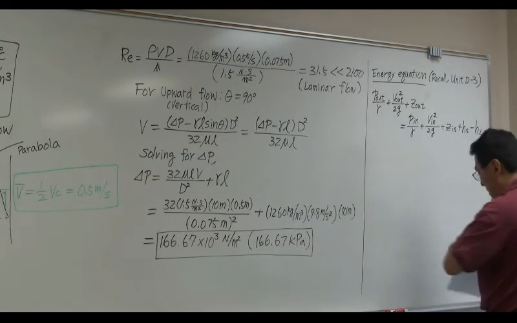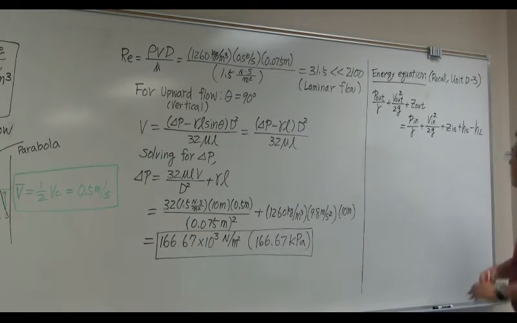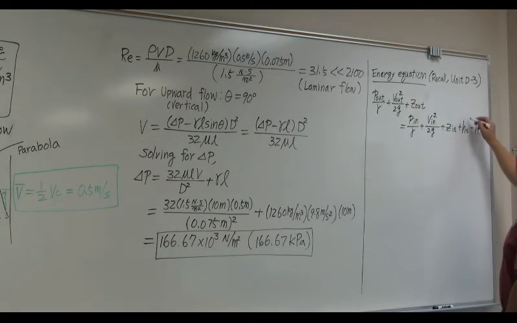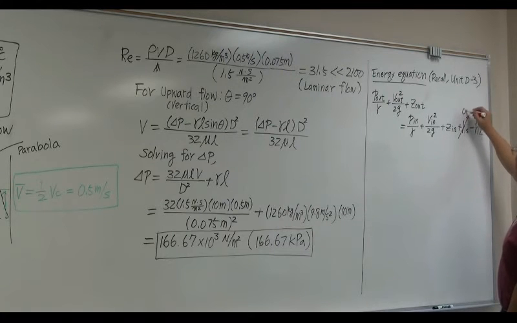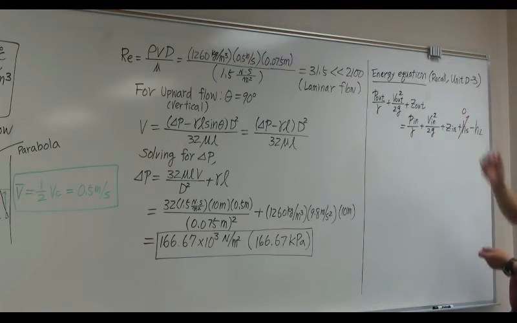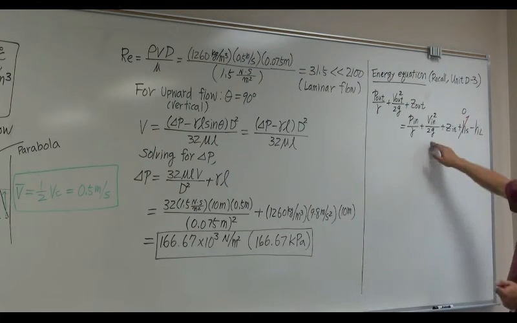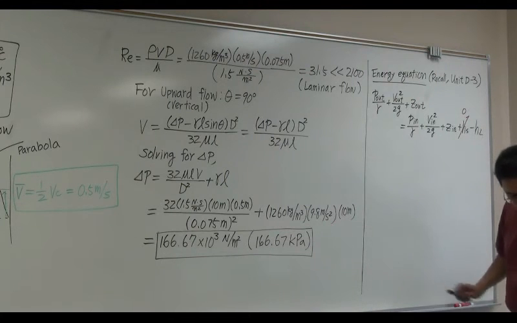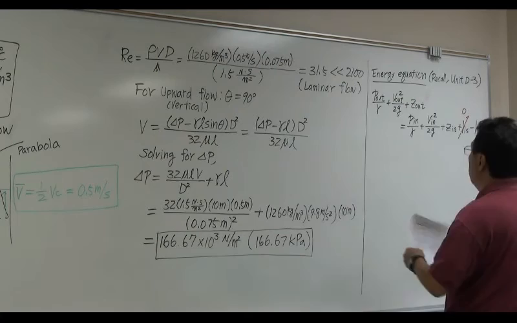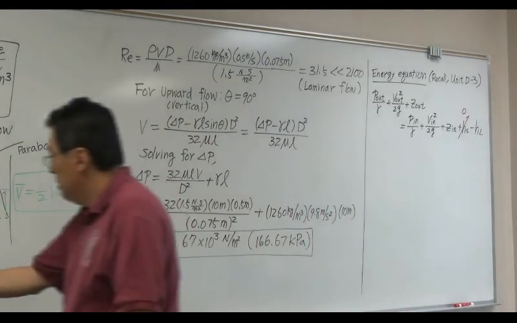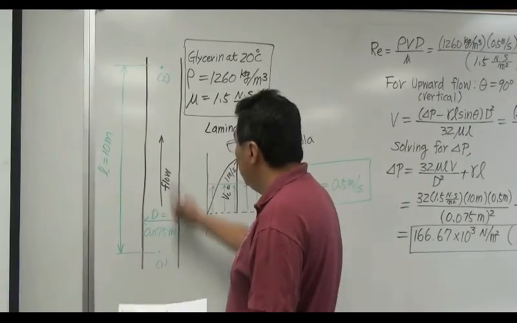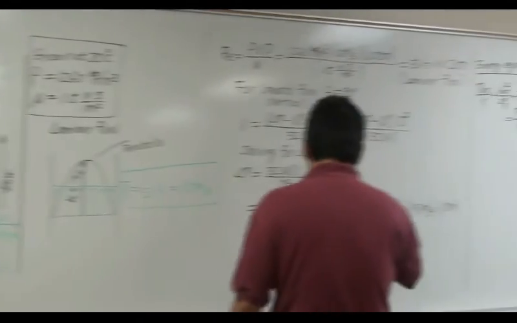Now this is the energy equation we know. Now this is just a pipe, so we do not even consider the shaft. So for the pure pipe system, this is the energy equation. Now we do know delta P. Now this delta P is the pressure drop between 1 and 2, so P in minus P out, right?